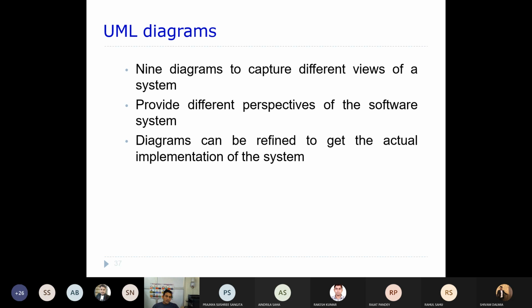Now, once you have captured all of these different views or perspectives of the software system, thereafter you can refine each and every diagram so as to get the actual implementation of the system.